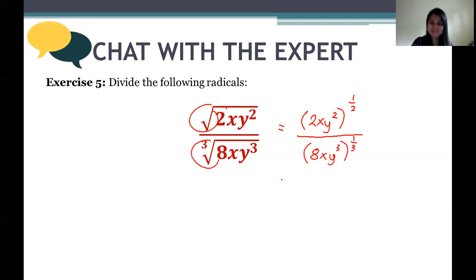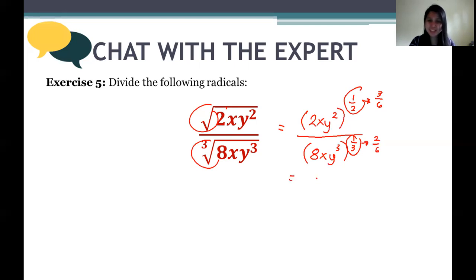The next one, we need to express 1/2 and 1/3 as similar fractions. You follow 1, 2, and 3. The LCD is 6. So this is 3 over 6, and 1/3 is 2 over 6.